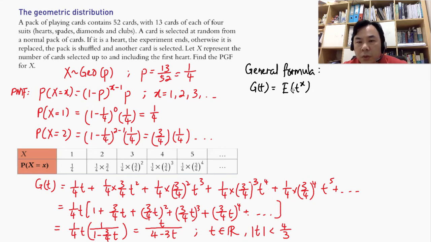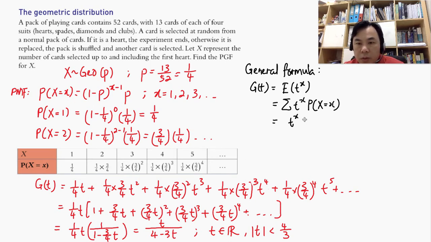So therefore we have it equal to the sum of t^x times the probability that X equals x, for all x in this case.